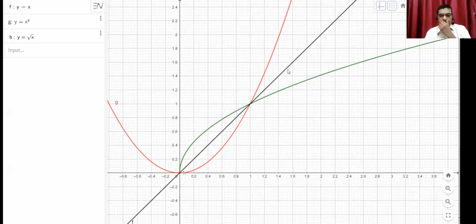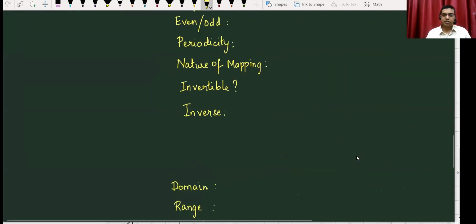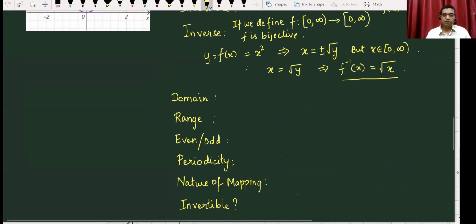This always happens: a function and its inverse are symmetric about the line y equal to x. So the inverse of x square, if it is defined in a restricted domain, is root x. All right, so f inverse of x is equal to root x. That is the definition of inverse.